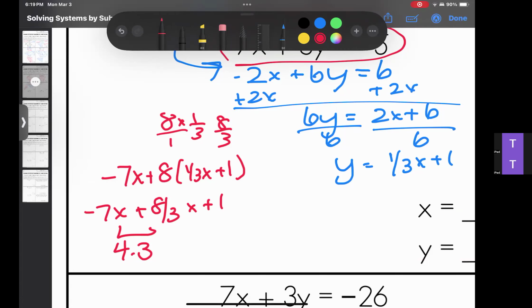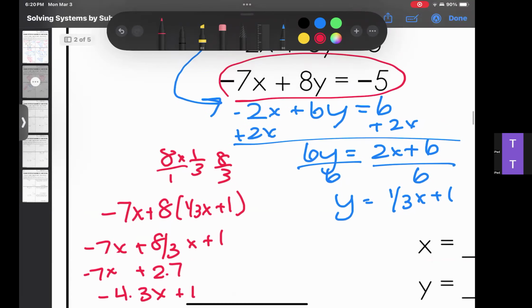If we round it, 8/3, let's call it 2.7. Plus negative 7x. So when we do 7 minus 2.7, because they're opposites, we have a negative 4.3x plus 1.